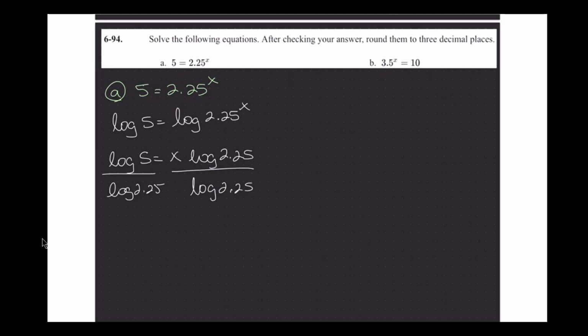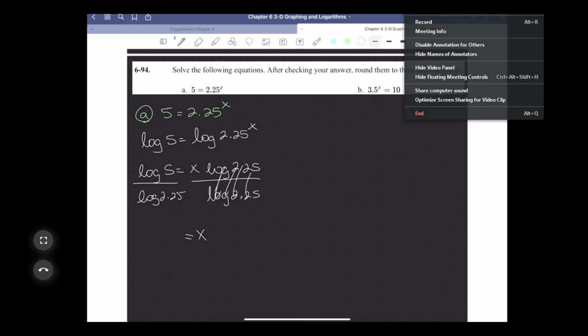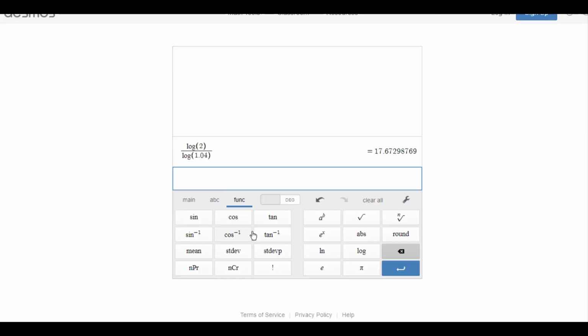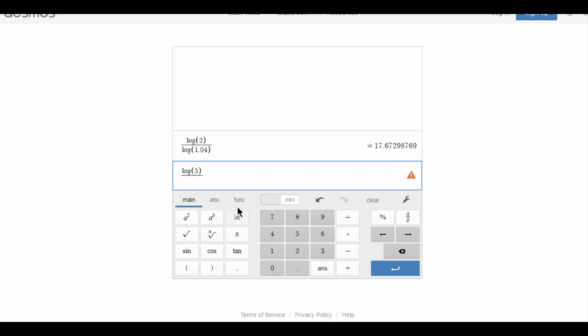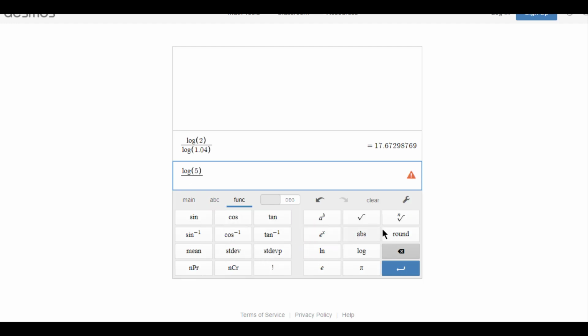Log of 2.25 over log of 2.25 is going to be 1, so that cancels out. So plug that into decimals: we have the log of 5 divided by the log of 2.25.